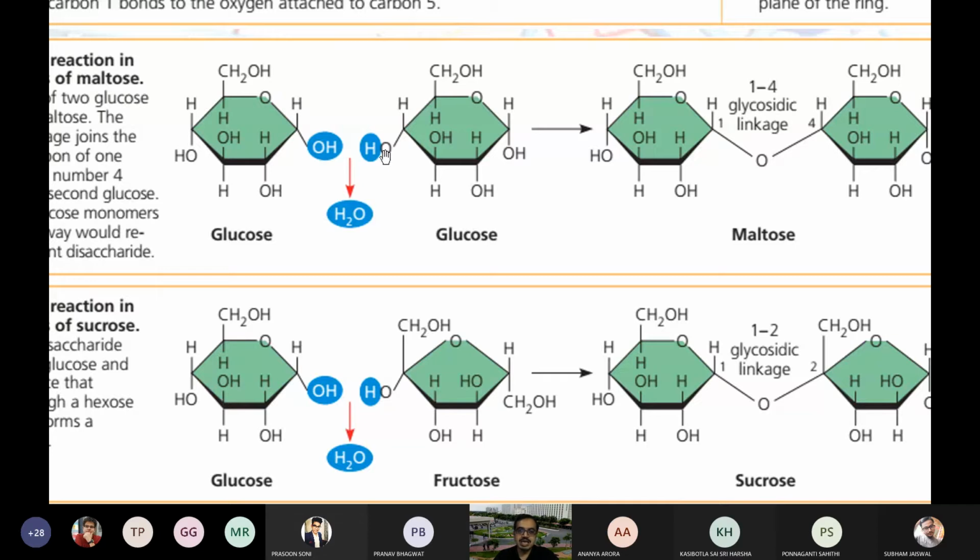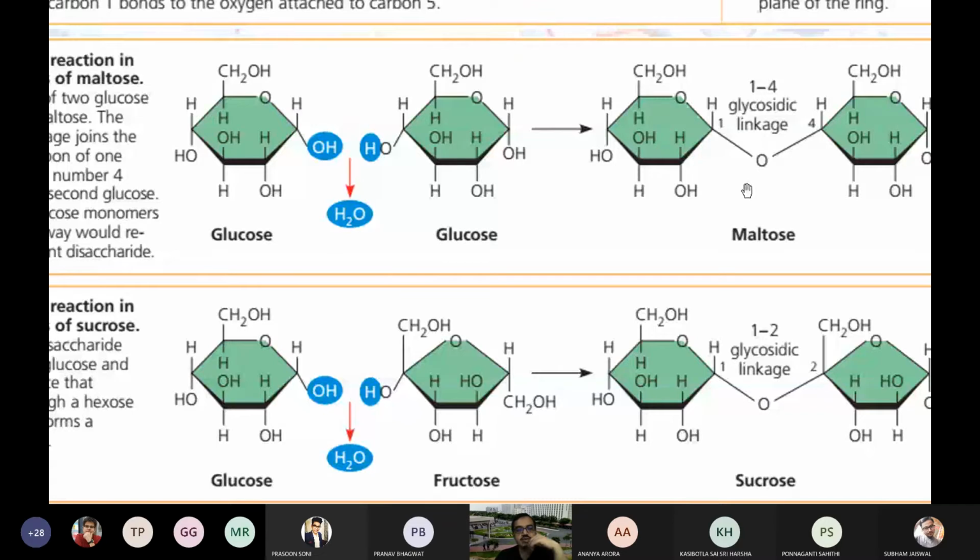So how does this glycoside linkage happen? See, carbon 1 of one molecule reacts with carbon 4. Here is carbon 5, here is carbon 6, remember. This is carbon 4. And here the OH groups react with each other, a condensation reaction, generating a water molecule.